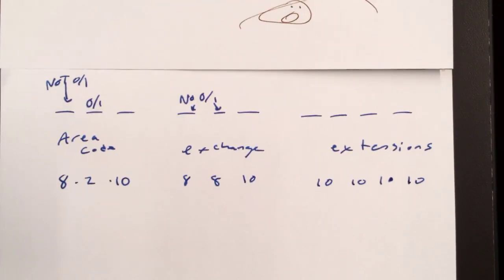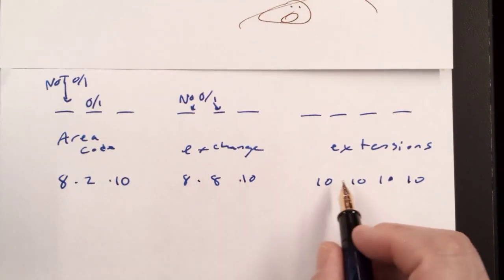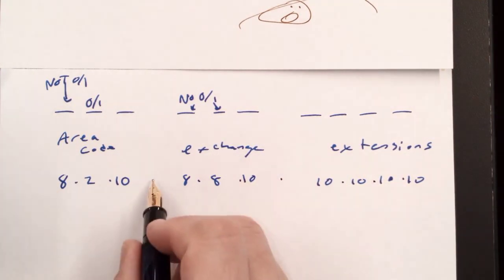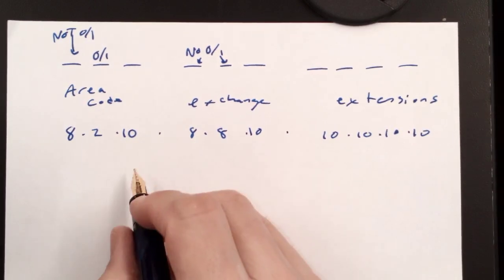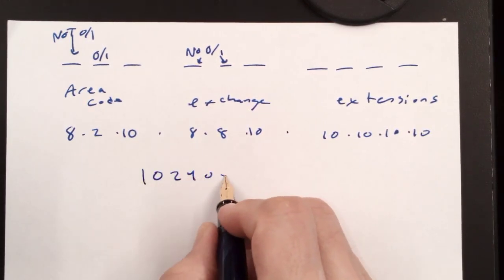And then I multiply. What do I get? 1,024,000,000.